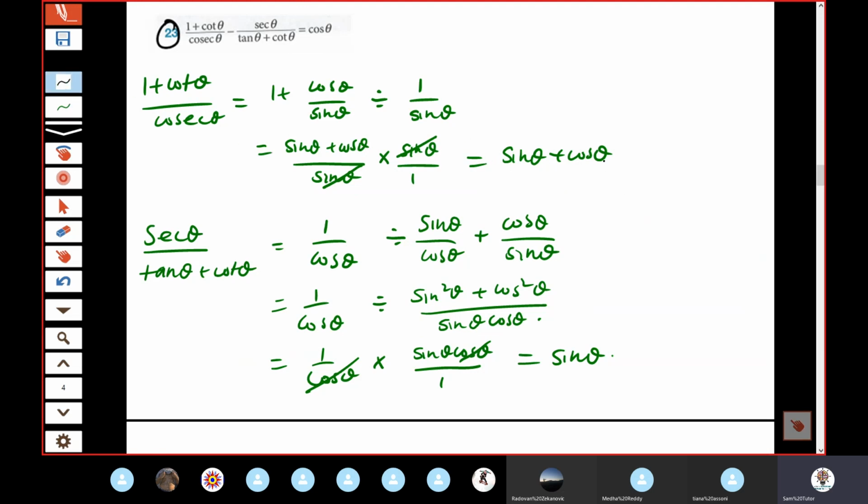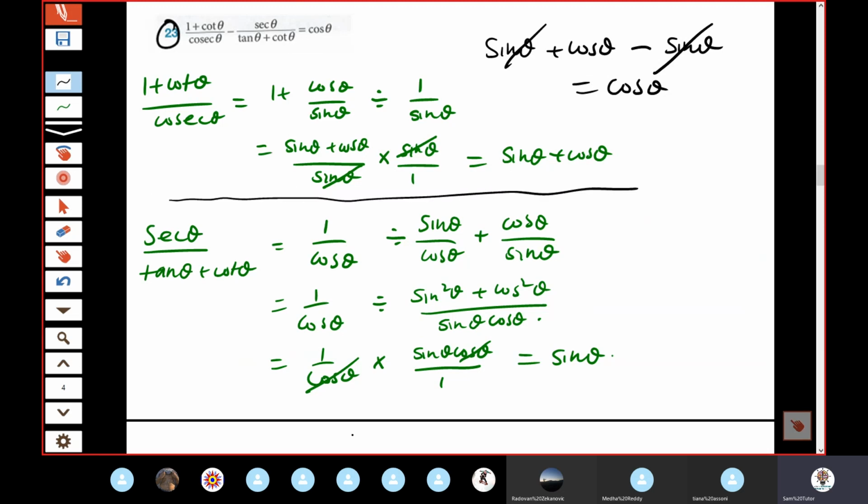And then all you're going to do is do the 1 plus cot minus the sec. So sine theta plus cos theta minus sine theta obviously equals cos theta. Simple when you see it like that. That's the way any student should really do it. You shouldn't really do it as a whole thing.